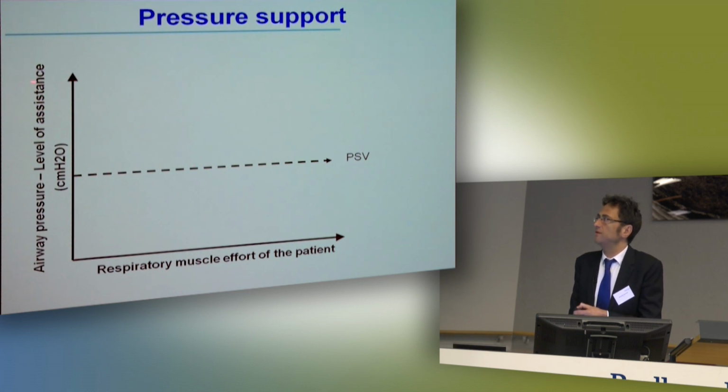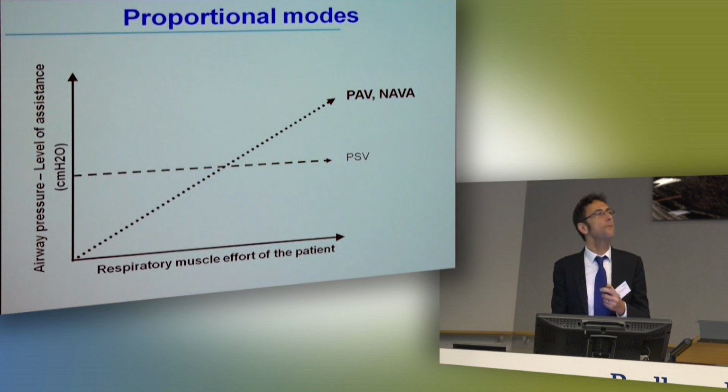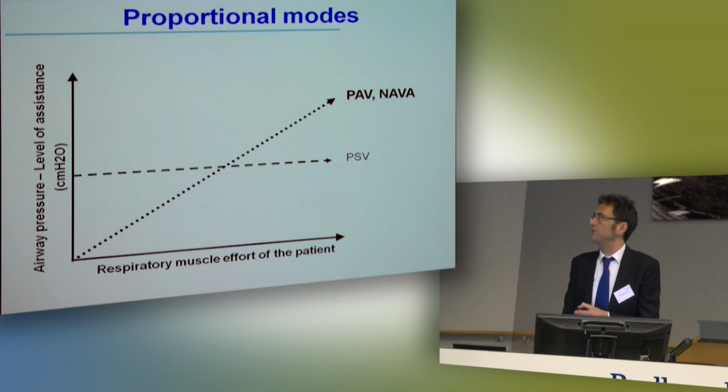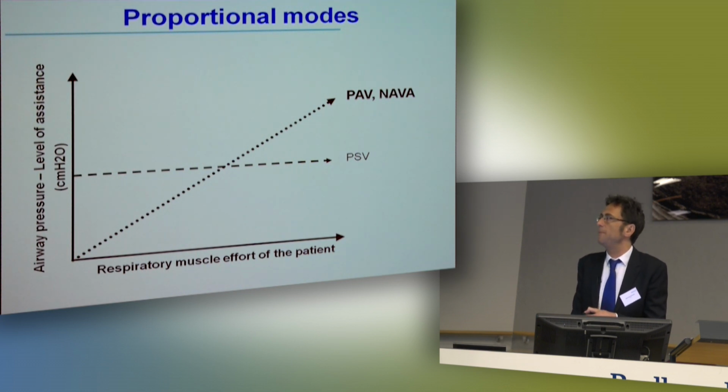provides the same level of assistance irrespective of the respiratory muscle effort of the patient, proportional modes will deliver a level of assistance that is proportional to the respiratory effort of the patient. So if the patient develops a strong inspiratory effort, he will receive a high level of assistance.